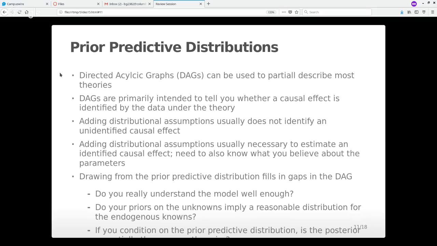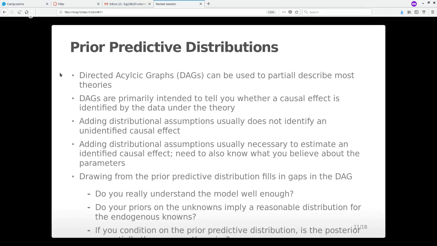And for people who aren't in the habit of drawing from the prior predictive distribution, over 90% of the time they're probably using priors that seem ridiculous when you push it through and evaluate what those priors imply for the distribution of the endogenous known. You'll get things like the average wage could be $500,000 or negative thousands of dollars, or other things that are impossible or known to not be the case.